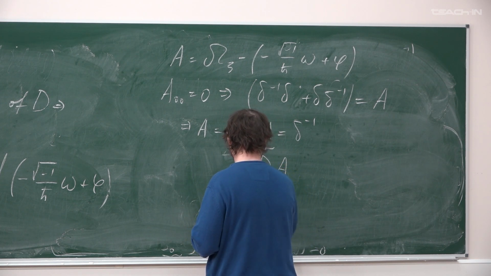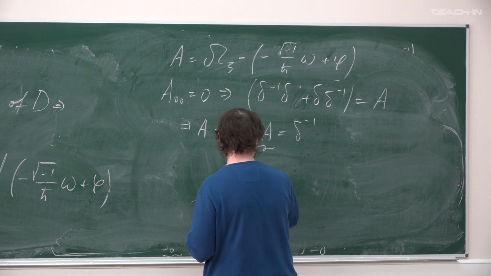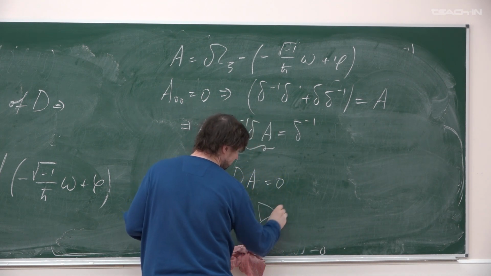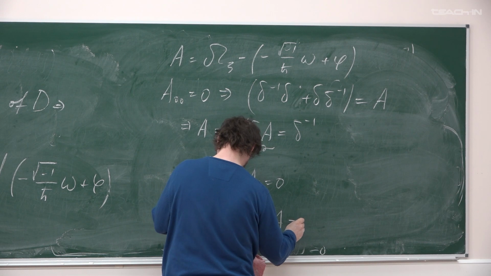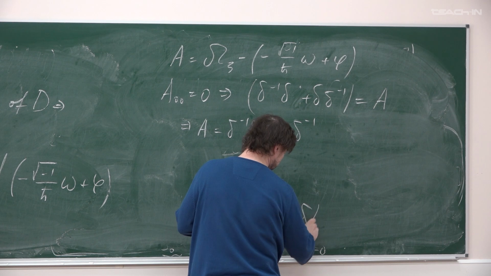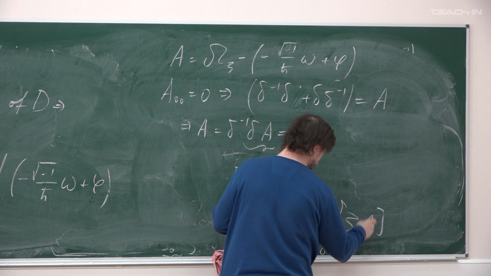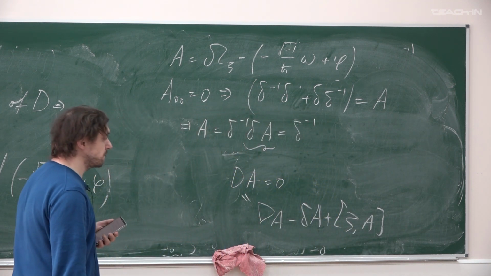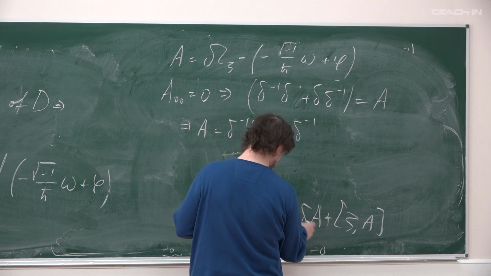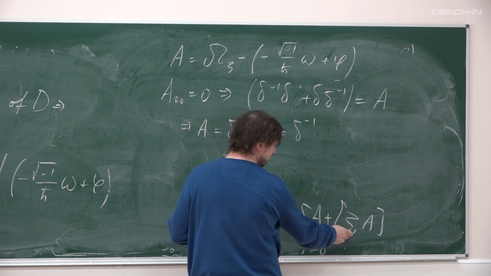Because you remember d, not just d, sorry, not just dA. It's dA, okay, we know that dA is equal to 0, but dA is equal to nabla A. I think minus probably, or plus or minus, delta A plus zeta A, right? So we can now use this equation to express delta A as nabla A plus zeta A.